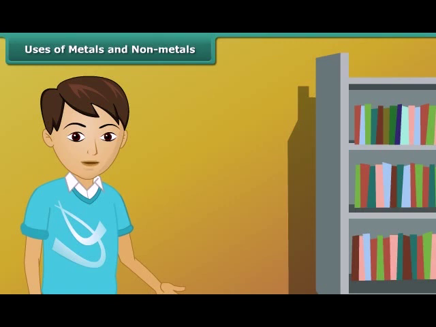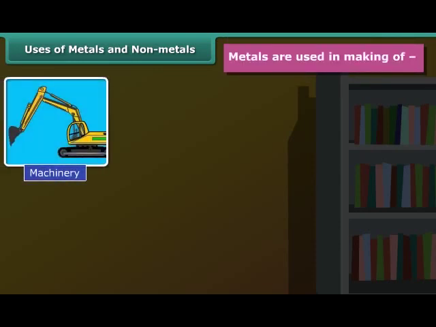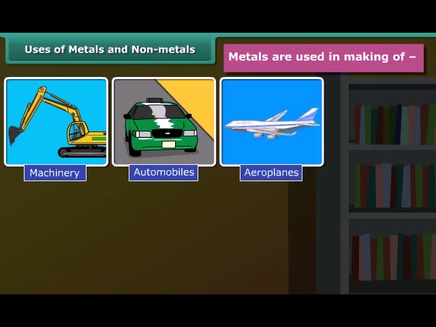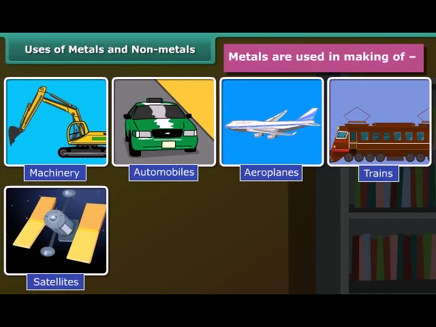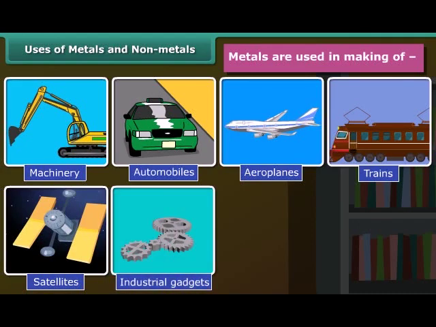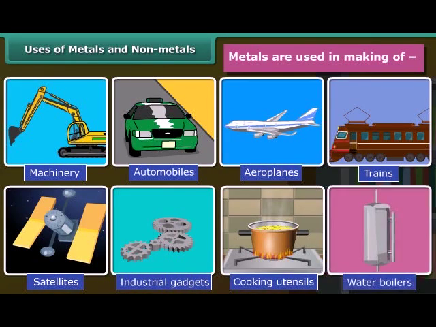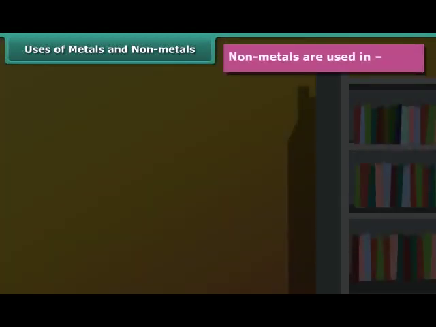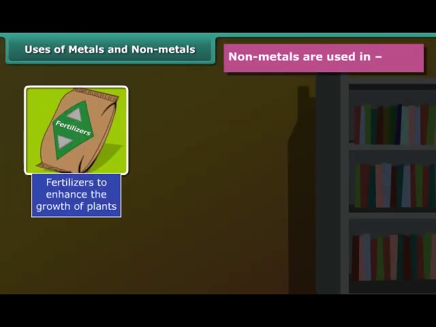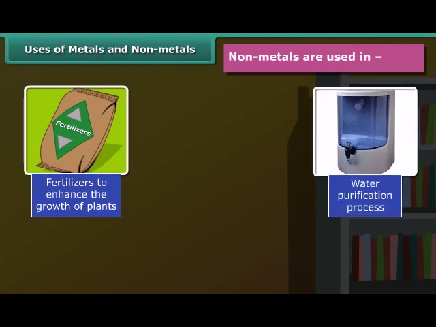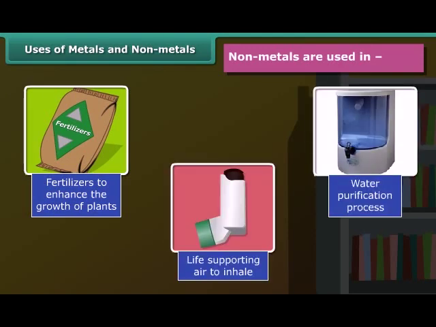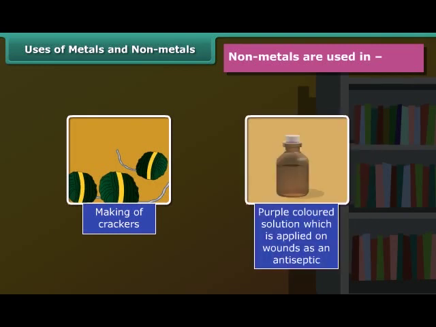As we know that metals are hard in nature, so they are used in making machinery, automobiles, aeroplanes, trains, satellites, industrial gadgets, cooking utensils, water boilers, etc. Non-metals are not so hard, so they are used in fertilizers, water purification process, life-supporting air, crackers, and a purple-colored solution as an antiseptic on wounds.